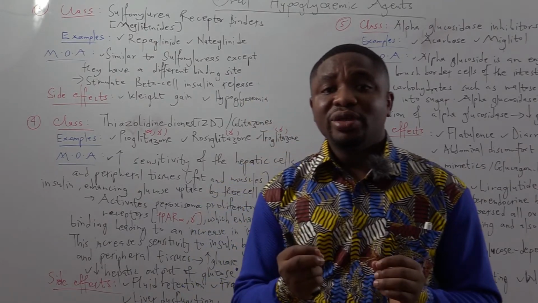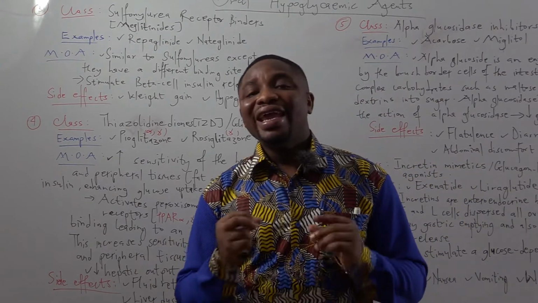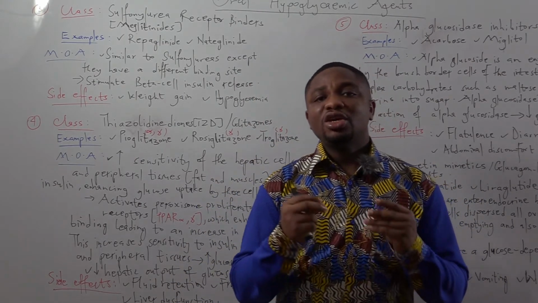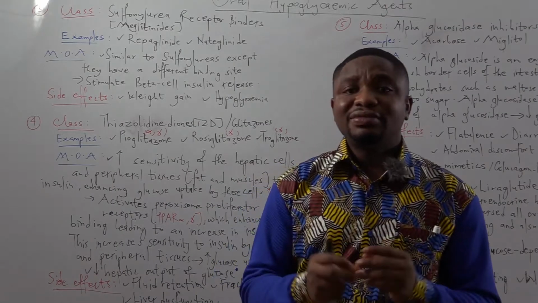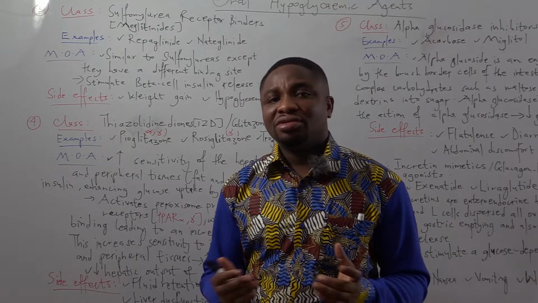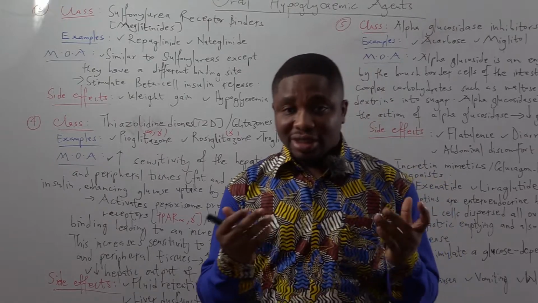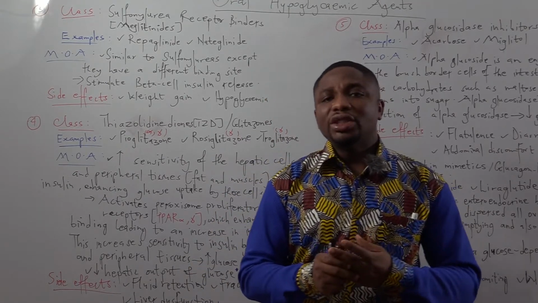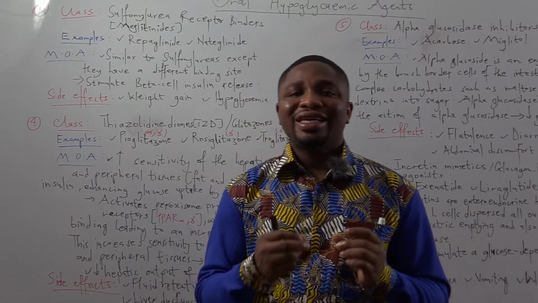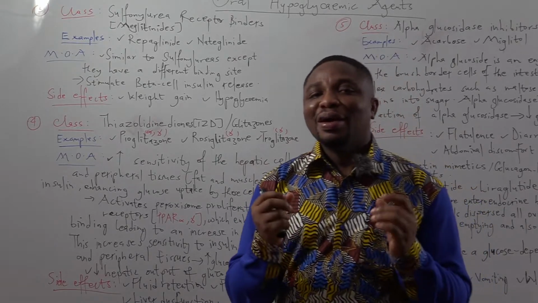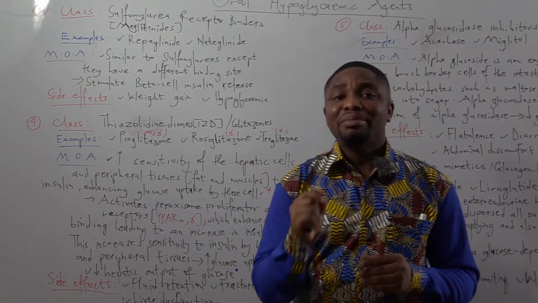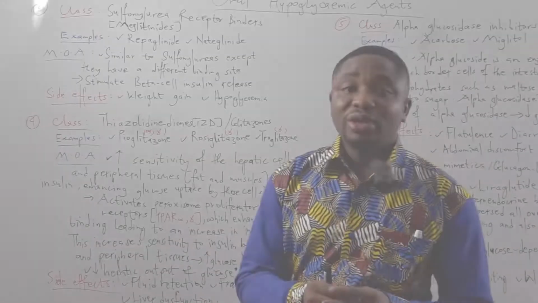Mechanism of action. You should know that for the glitazones or the thiazolidinediones, the main effect is increasing the sensitivity of hepatic cells and the peripheral tissues such as fat and muscle to insulin, and by so doing enhancing glucose uptake by these cells. That is the main effect of the thiazolidinediones.